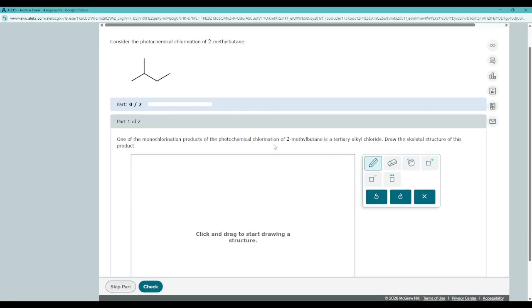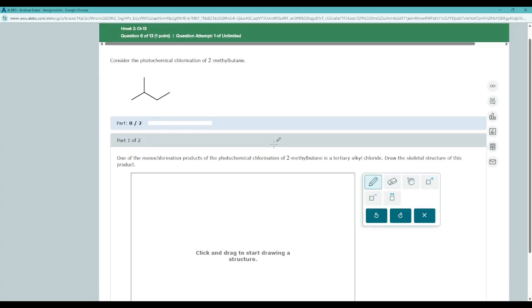Every other step: when you're generating 2 radicals, you get 2 arrows. When you're keeping one radical always present, you have 3. And when you're getting rid of 2 radicals, you only need 2 arrows. So the propagation step, 3 half arrows. The initiation and termination, 2 arrows.